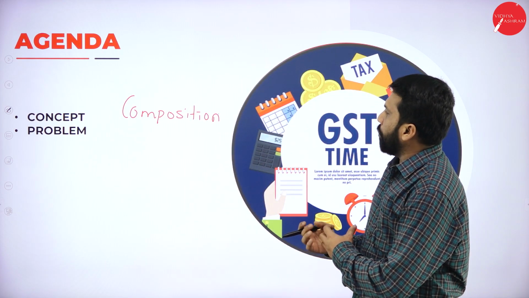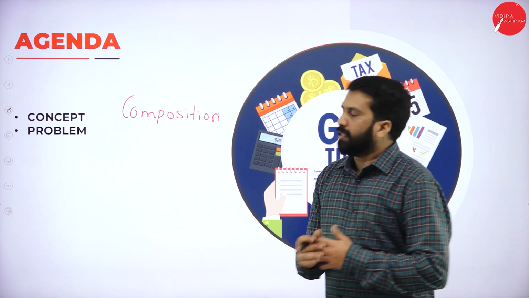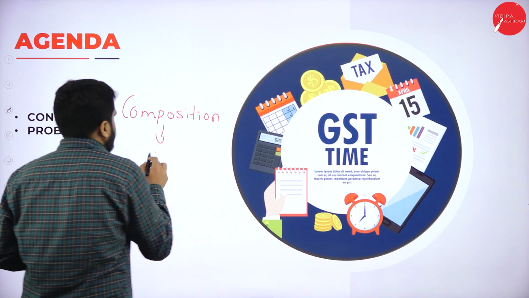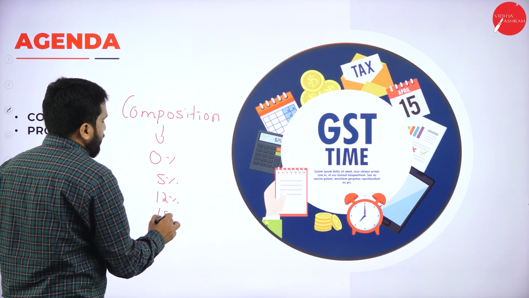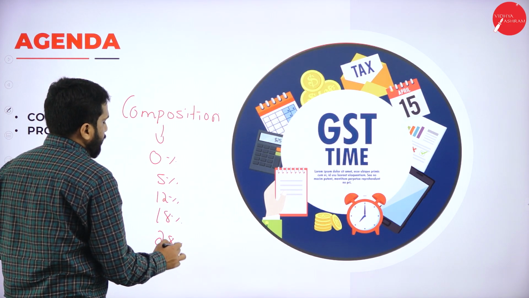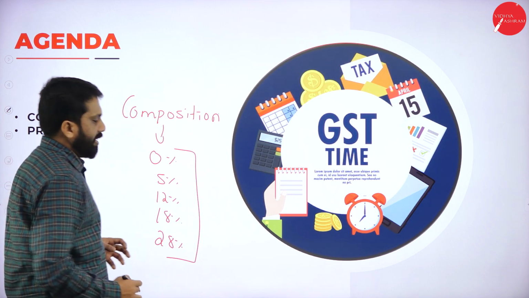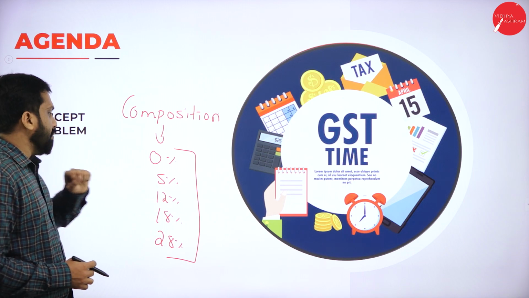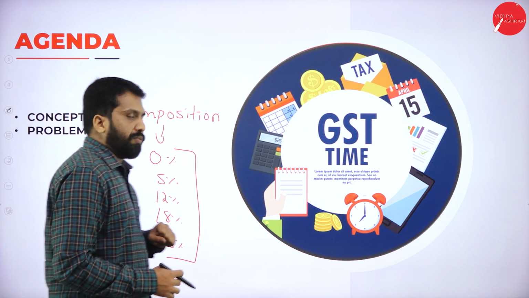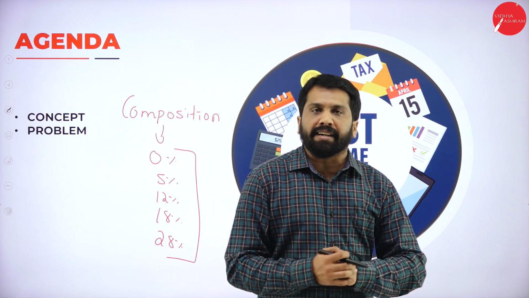In the sense, composition means like this. Normally, we have 0%, 5%, 12%, 18%, 28%. These are the tax rates we have. Now, whatever tax rates we have, there are multiple kinds of tax rates.